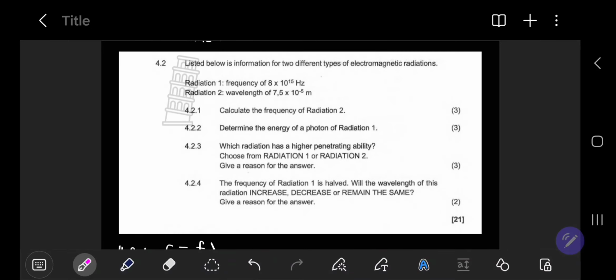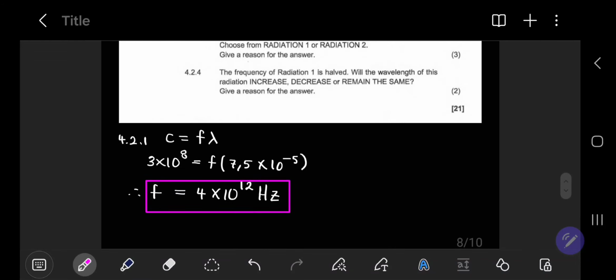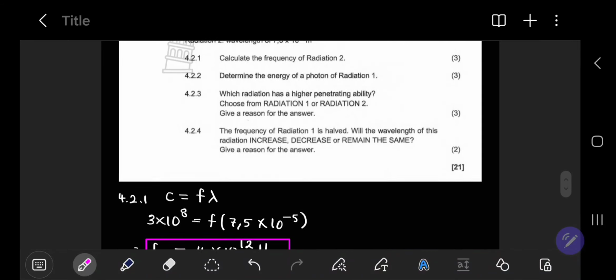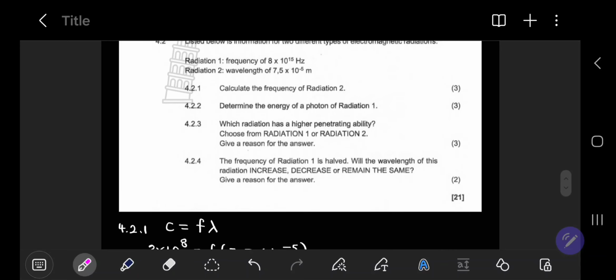So 4.2.3 and 4.2.4 are application questions. It says which radiation has a higher penetrating ability. Now for penetrating ability, it's best if we look at frequency values. Referring to the frequency here, for radiation 1 we've got 8 times 10 to the power 15, while for radiation 2 we had 4 times 10 to the power 12. When we compare these two frequencies, we notice that the frequency for radiation 1 is higher. And how do we know this?